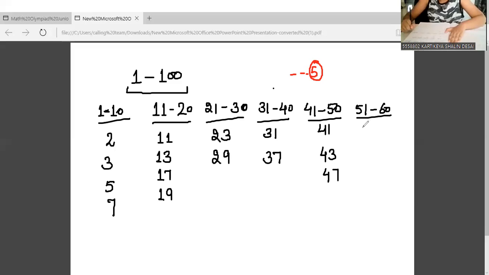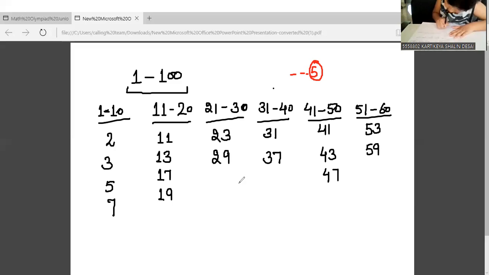What about you, Amika? It's 51. No, 51 is not a prime number because it comes in 3 table. 3 into 17 will give you 51. 53. 59. Correct. Have you copied it, Kartike?